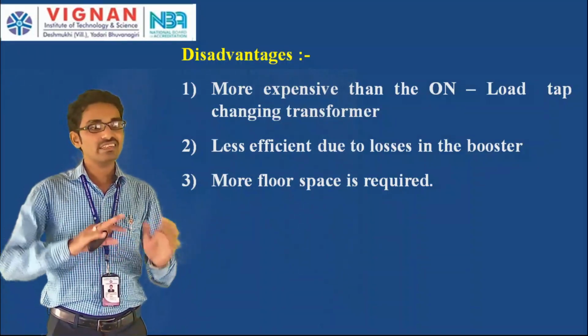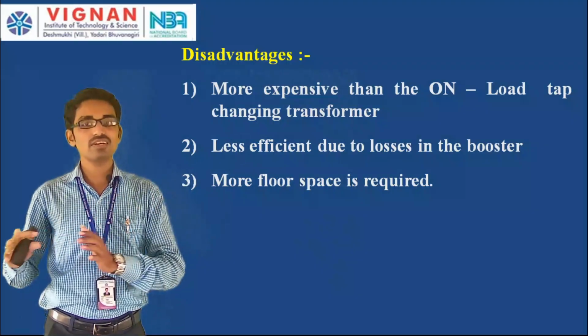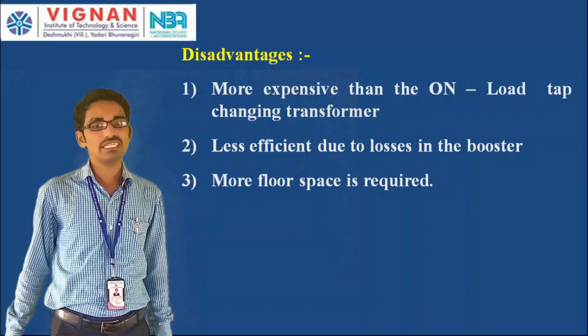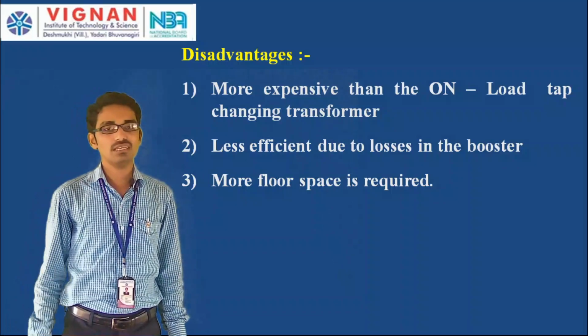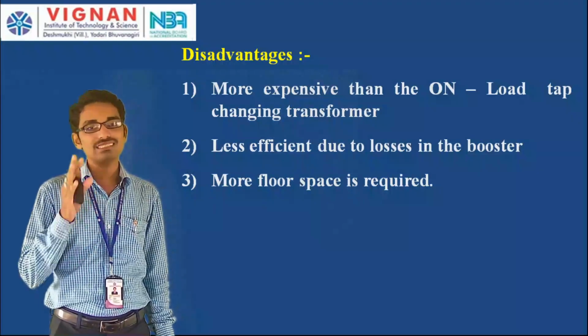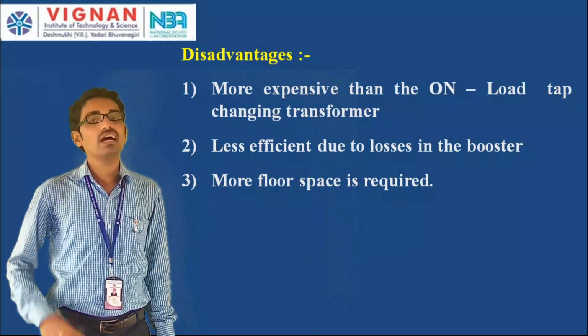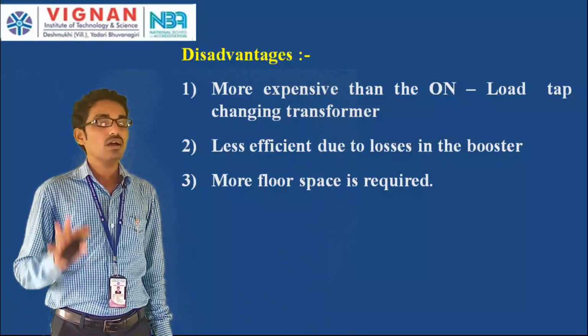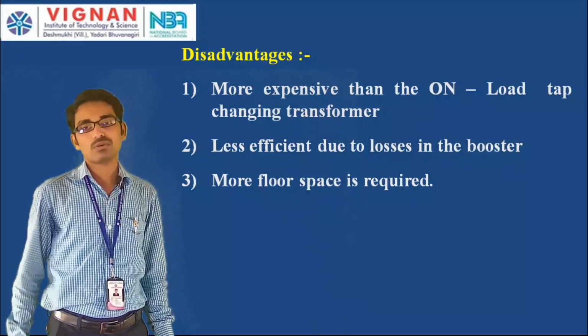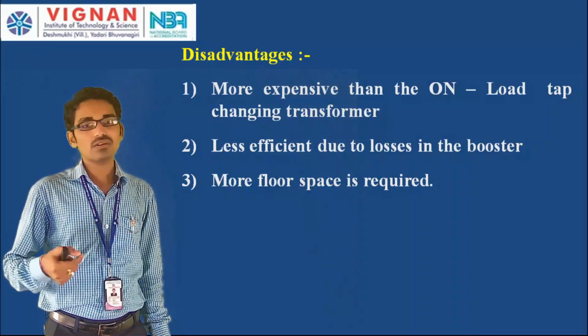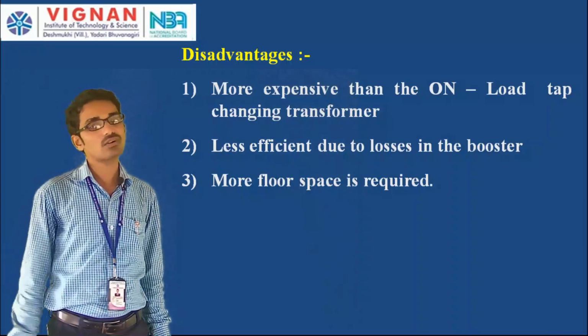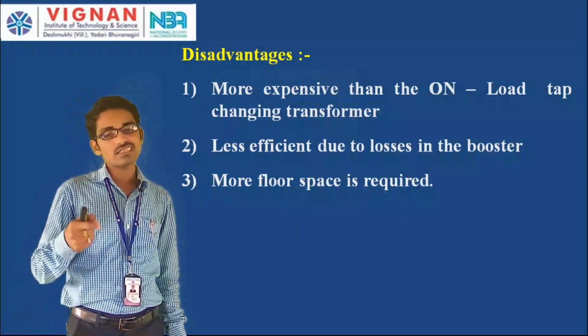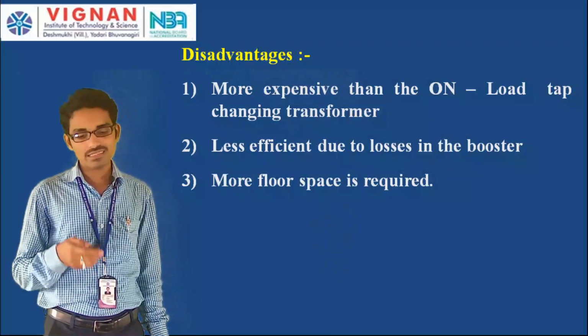With these 6 different methods, we can control the voltage at the receiving end. Now we are going to see about sending end voltage control, in which we have the generator excitation controller. We are going to see that in the next class.